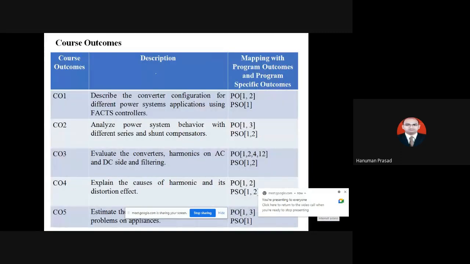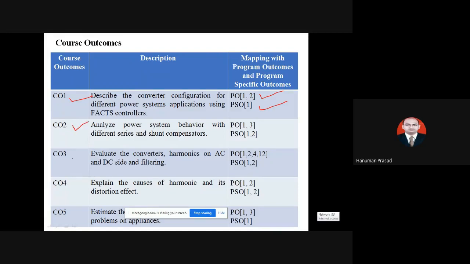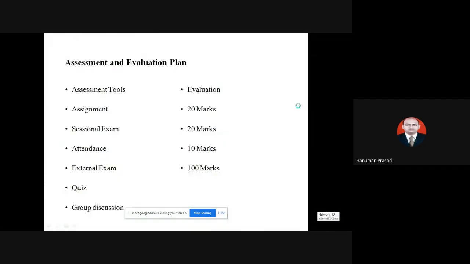These are the five course outcomes, and the course outcome mapping with program outcomes and program specific outcomes. As per NBA, 12 program outcomes are defined, and PSO means 3 program specific outcomes, and 12 program outcomes as per NBA standards.